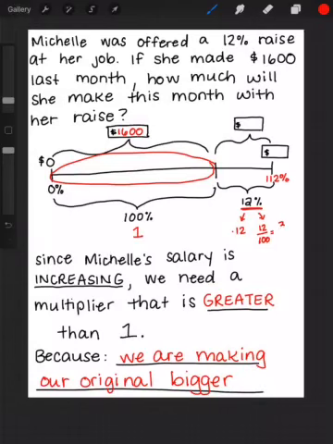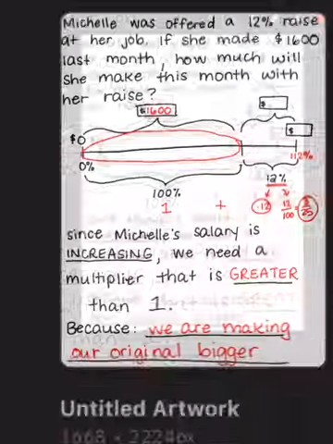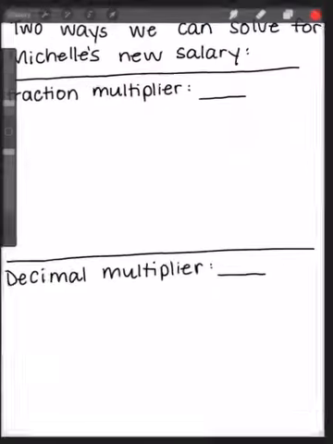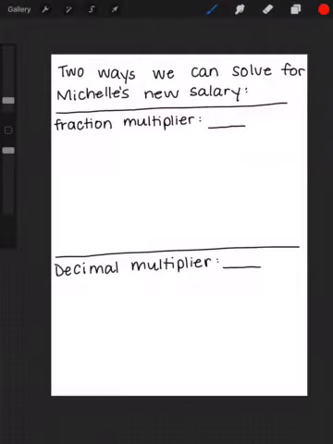And 4 goes into both of those. 3 over 25. Okay? So we are multiplying by 1 plus 0.12, or 3/25. So we just said our fraction multiplier would be 1 and 3/25.